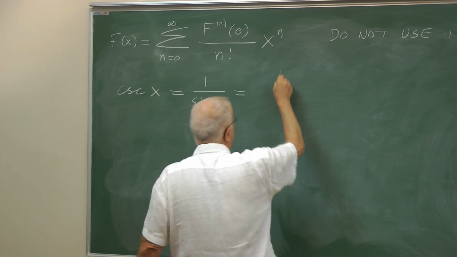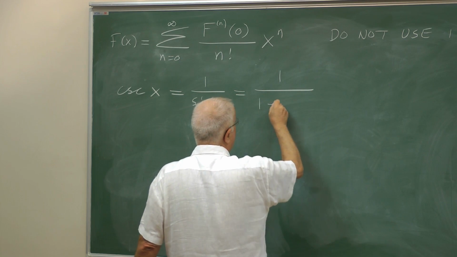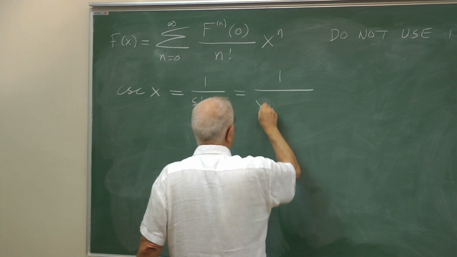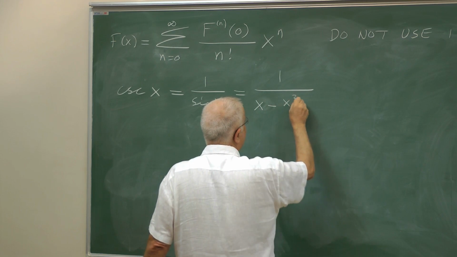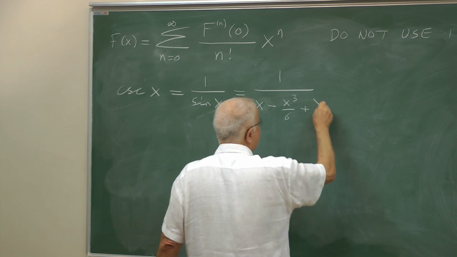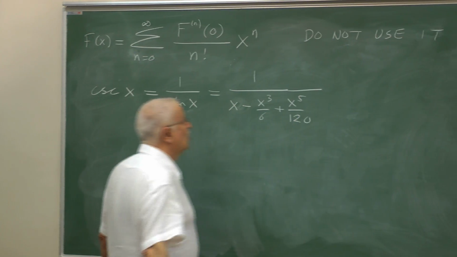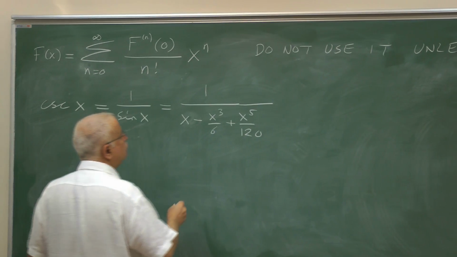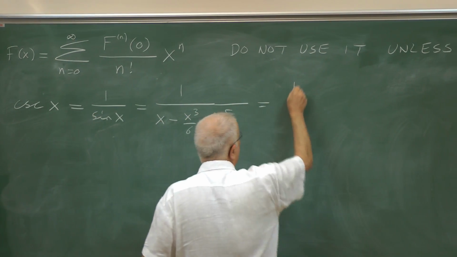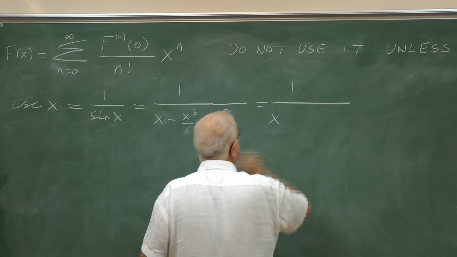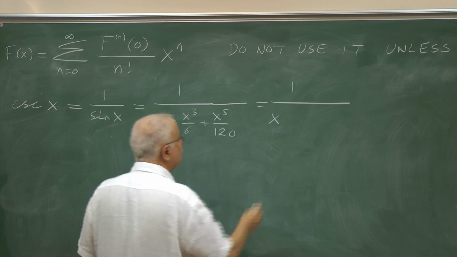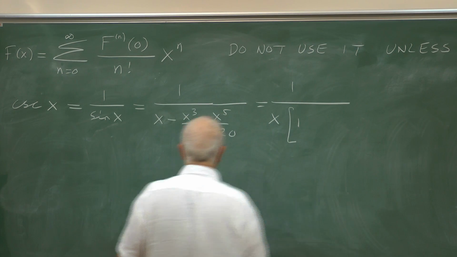So we should go 1 over x minus x cubed over 6 plus x to 5 over 120. Or let me factor out an x. Then I'll have a 1.